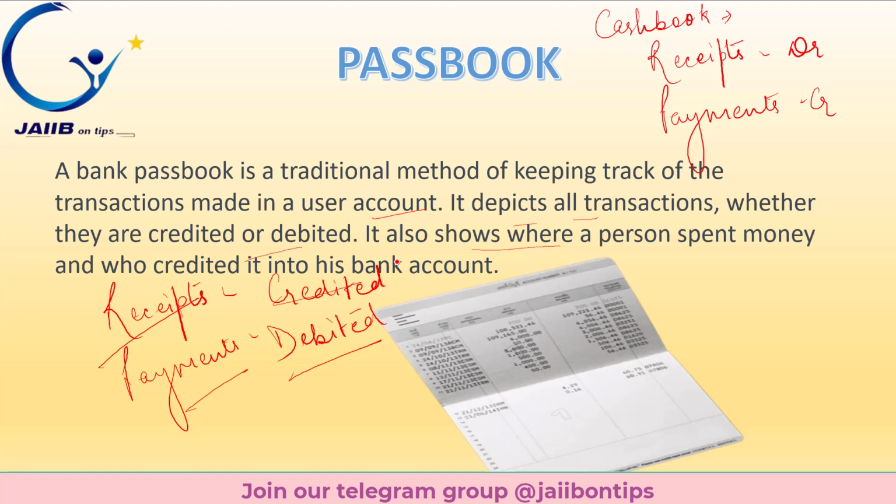The cash book is prepared by the business concern. It is prepared by the business owner or the business concerned themselves, right? But the bank statement, it is prepared by bank, right? Cash deposits, we can understand this, that the receipts are debited in the cash book and payments are credited in the cash book. Here, in the Passbook, receipts are credited and the payments are debited, right?